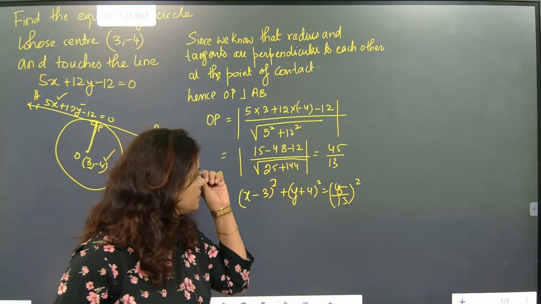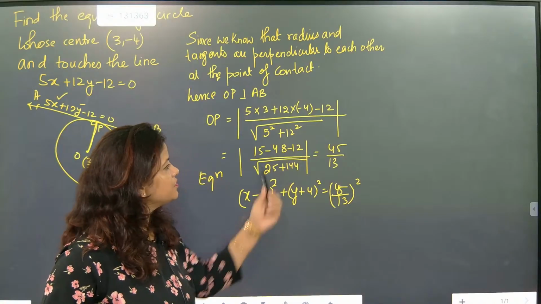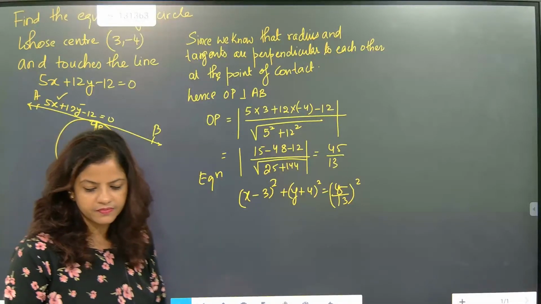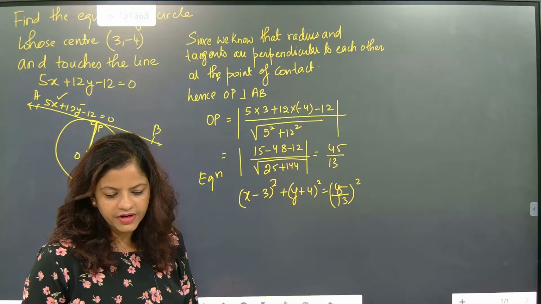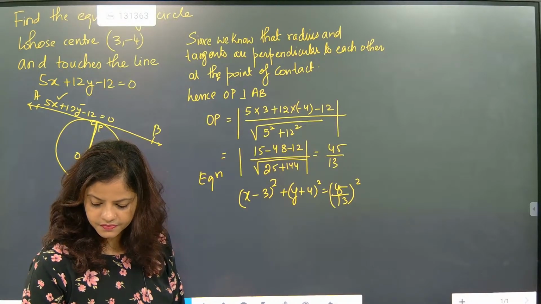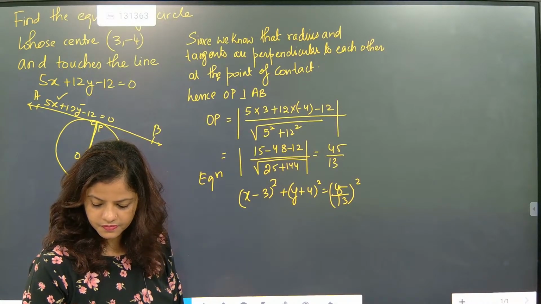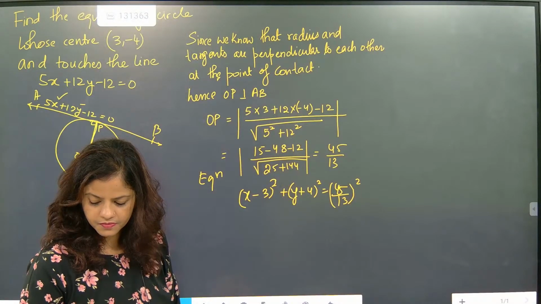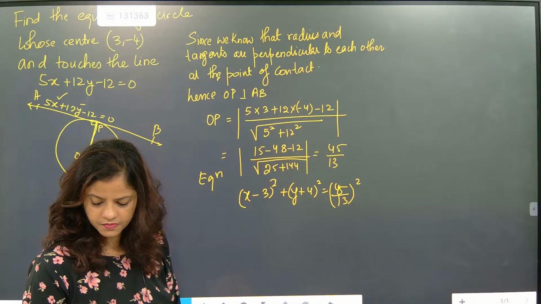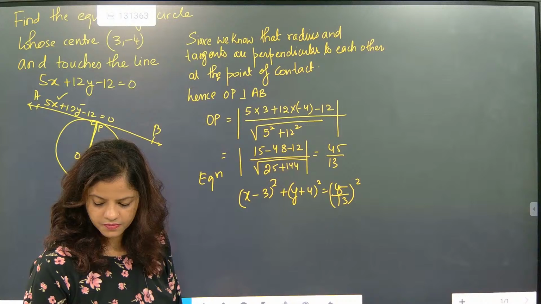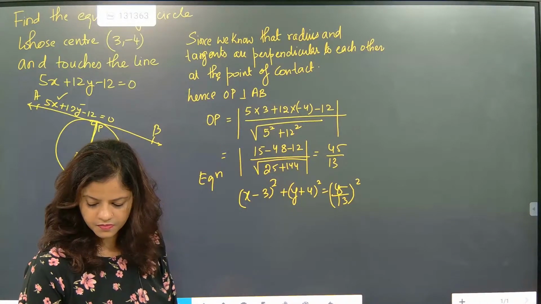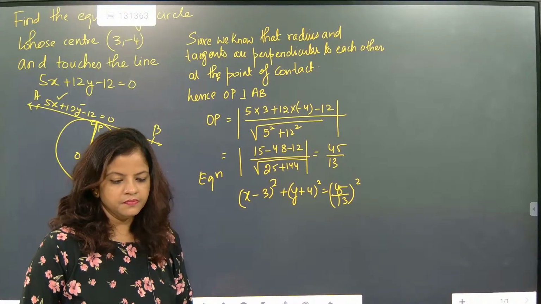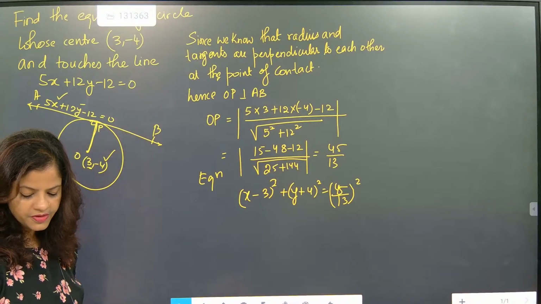How will it come 62, beta? Check one time. It will not be 62.